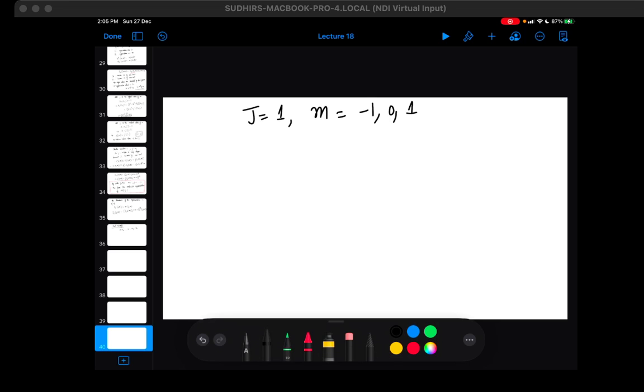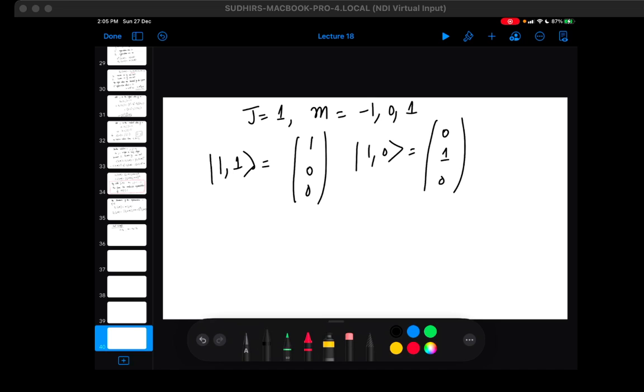In this case, we'll represent 1 1 with 1 0 0, 1 0 with 0 1 0, and 1 minus 1 with 0 0 1. There are three states, minus 1, 0, 1 essentially.